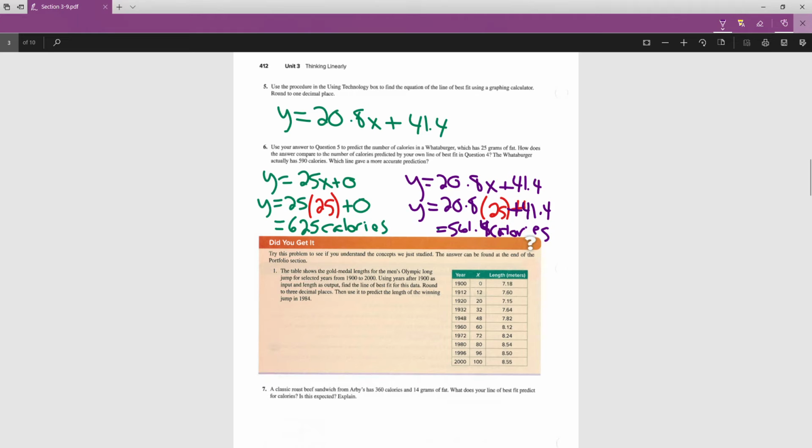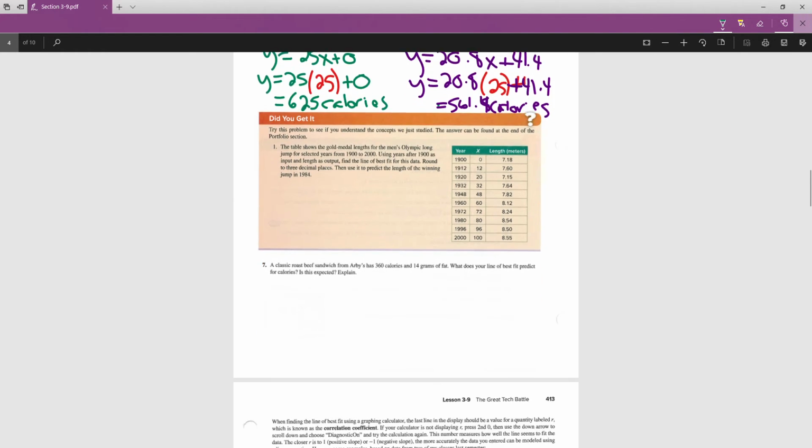Again, we're going to be using the equation that we generated with our calculator. So the y equals 20.8x plus 41.4. This time they say a roast beef sandwich from Arby's has 360 calories and 14 grams of fat.